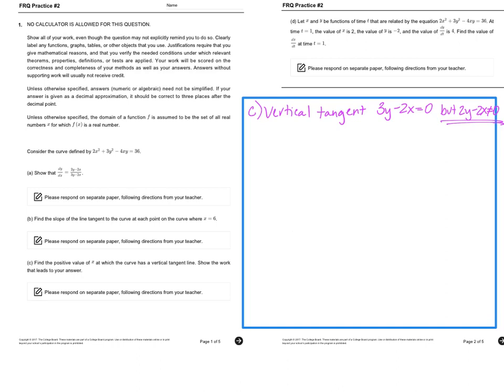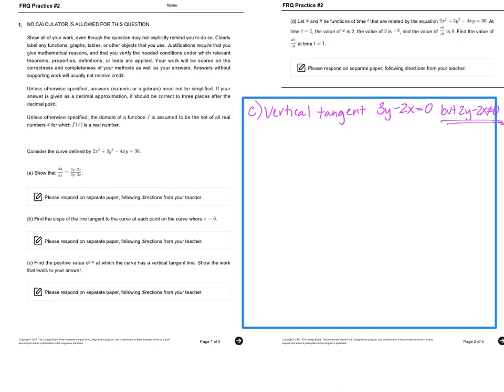You probably didn't write that, because that's a very tricky thing that's been mentioned very few times. But make that note in your head and get used to writing that. If this question had said a horizontal tangent, that's when the top would be 0, but the bottom doesn't equal 0. So you have to eliminate that indeterminate form.